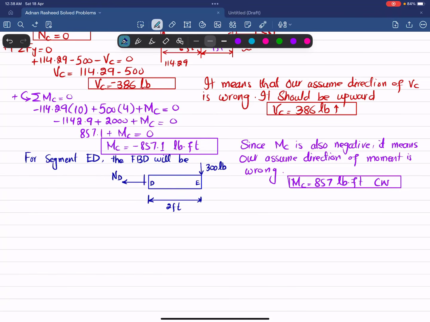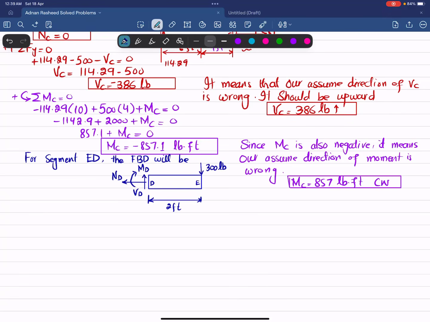You will have a shear force on this face, VD, which we will take upward, and you will have moment MD that will be taken as clockwise. This is due to convention, and later on we will check whether these are correct or not.